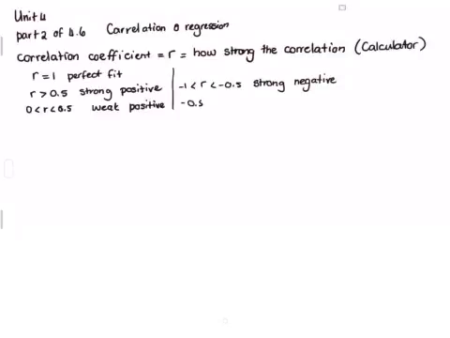And if it is between -0.5 and 0, it's a weak negative. If it's around about on the 0.5, you would say moderate, something like that. Right, so take this along with the part 1 of 4.6 to see how that scatter plot would match a straight line.